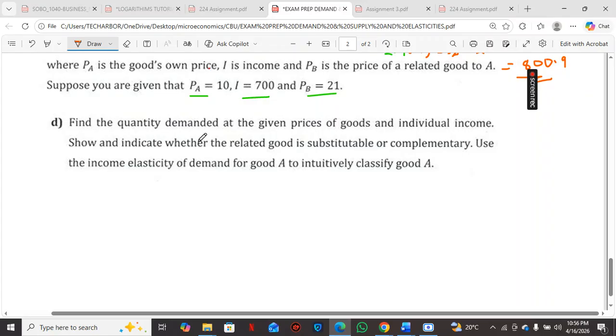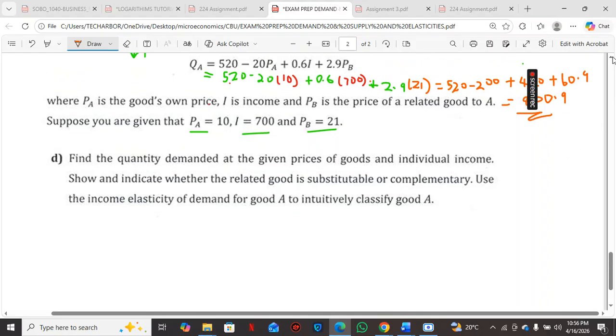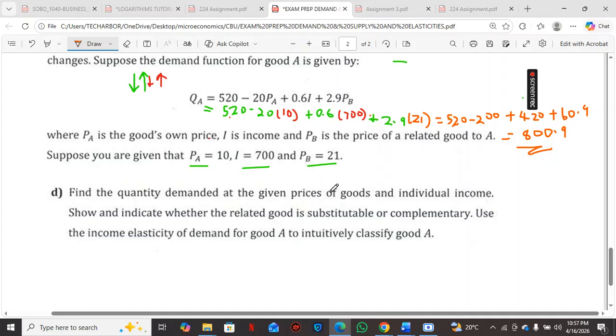Show and indicate whether the related good is substitutable or complementary. Just from the sign here, you would look at PB. Since it's got a positive coefficient, this positive 2.9, these goods are substitute goods, because of the plus sign.